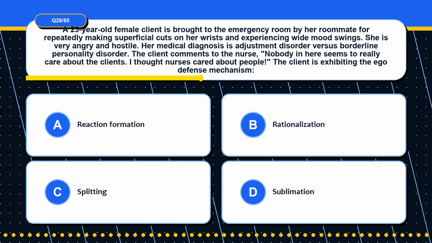The client comments to the nurse, "Nobody in here seems to really care about the clients. I thought nurses cared about people." The client is exhibiting the ego defense mechanism. Here are the options. Option A, reaction formation. Option B, rationalization. Option C, splitting. Option D, sublimation.